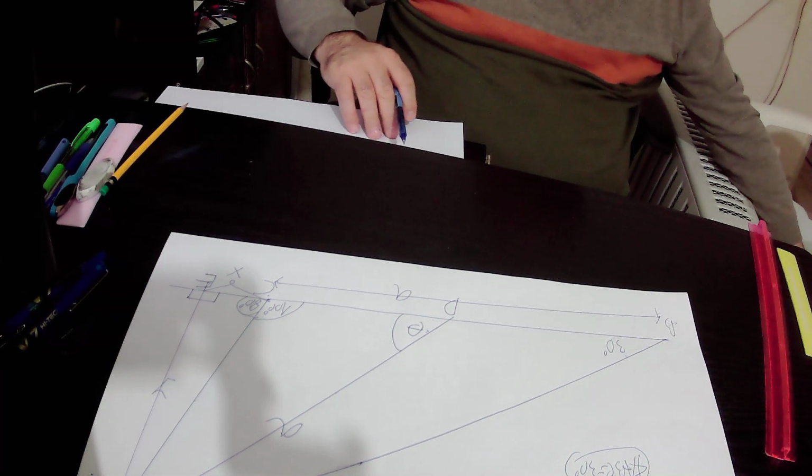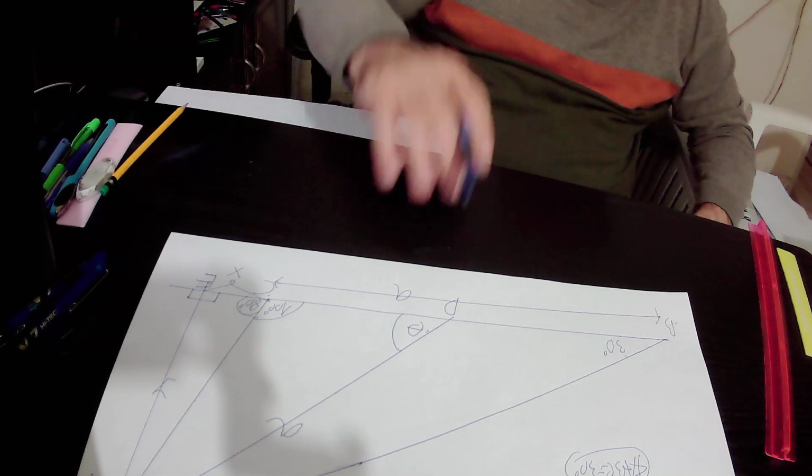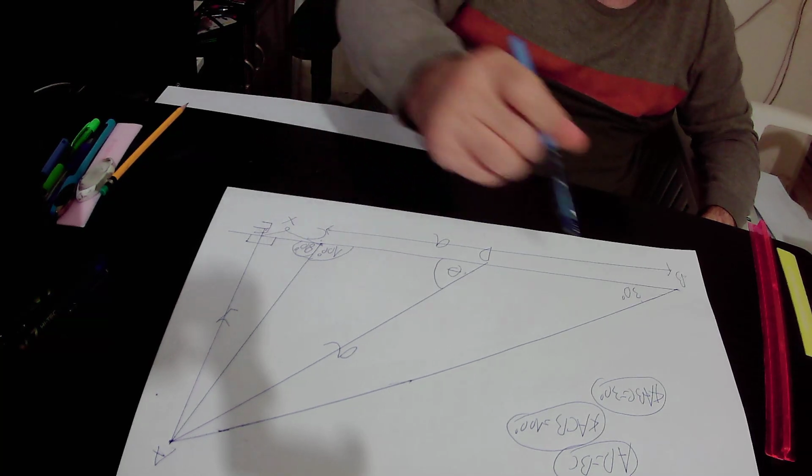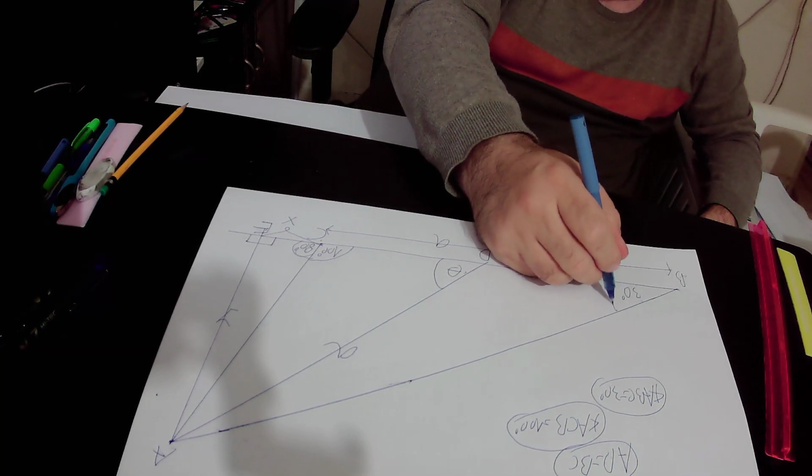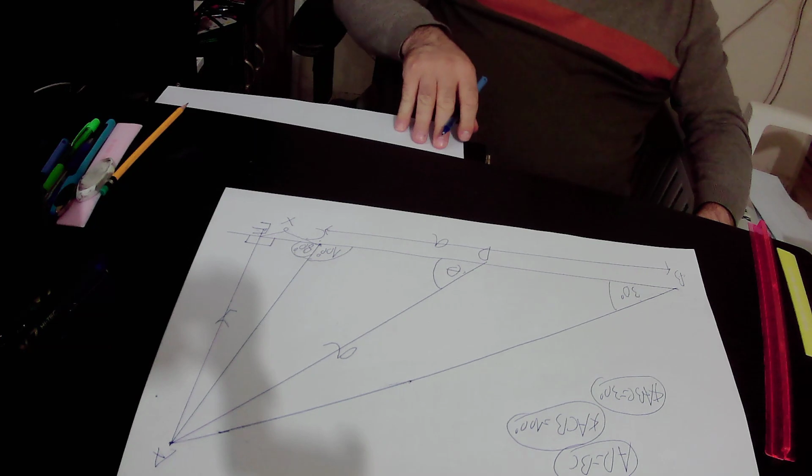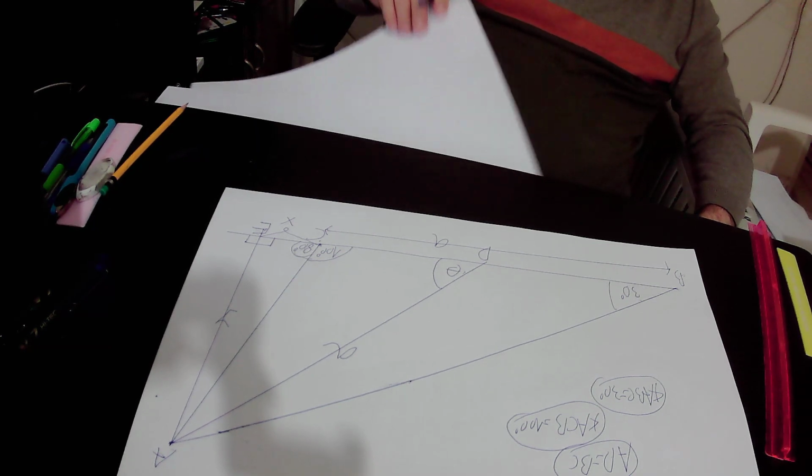In the next step, we will focus on the right big triangle, triangle ABE.